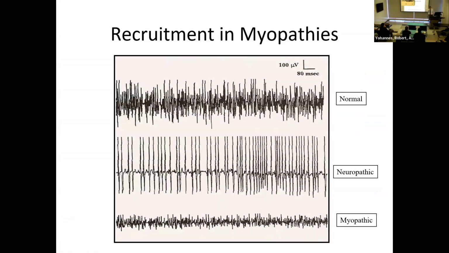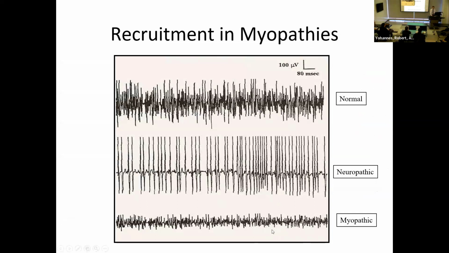And so this is kind of a summary of the three types of recruitment. On the top, we see the normal when we ask for maximum force. We see disruption of the baseline by a variety of units that came to do the job. Then we see the situation where we don't have a lot of soldiers and they each do the best they can by working very, very hard.